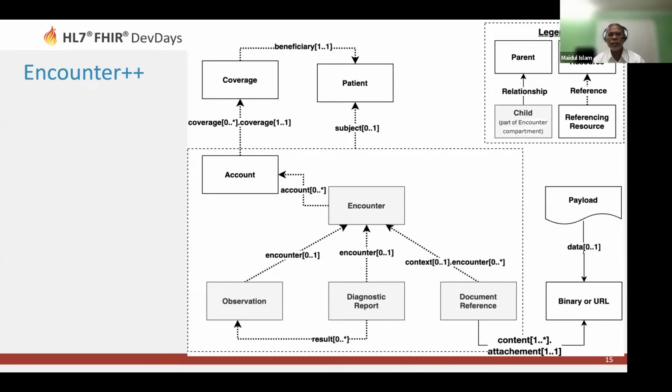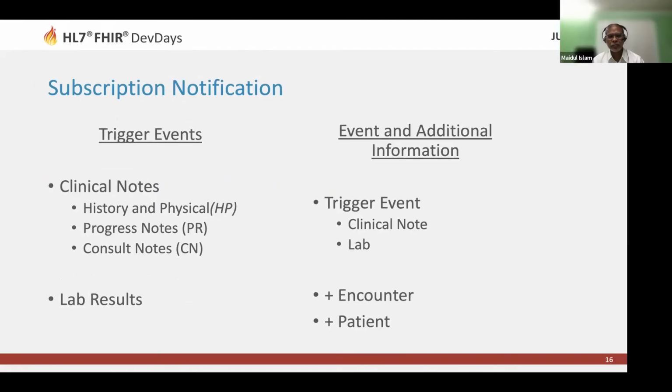Each content can be represented with an attachment, which is nothing but the binary payload or a URL where the actual payload or report for those clinical notes or events is stored. So the center of the event is the encounter. From the encounter, we can traverse through all the resources that are of interest for this requirement.